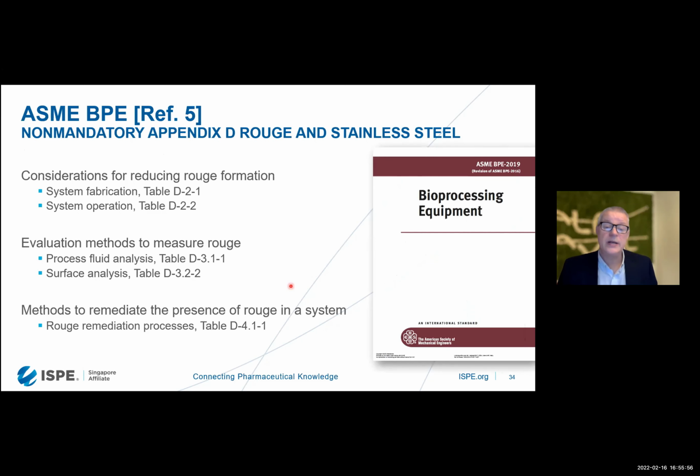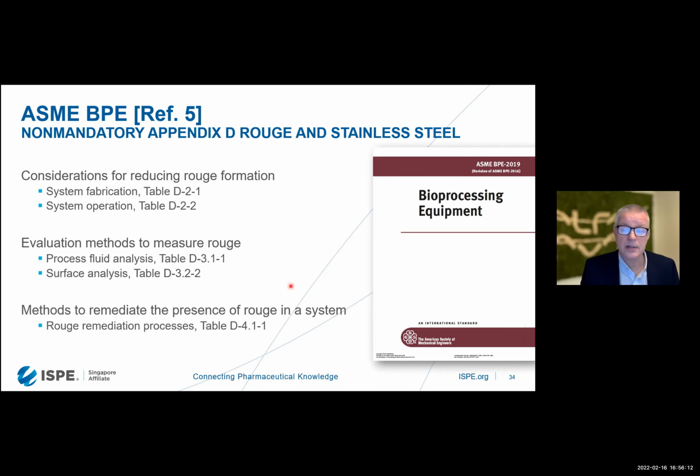I will just quickly go a little bit into the ASME BPE guidance, and I have asked ASME BPE if I can share some of the pages and tables, and that is okay.